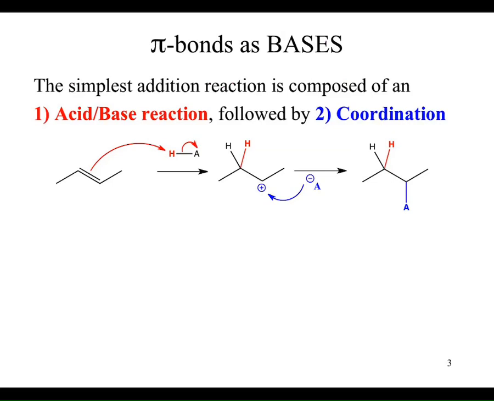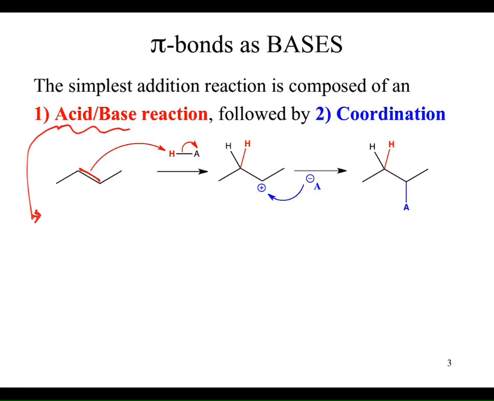It is the simplest reaction, and it is composed of two elementary mechanistic steps. The first one is technically an acid-base reaction, though we can run into some definition issues because it's not really an acid-base. According to our textbook, it's better known as an electrophilic addition because of the loss of the pi bond.